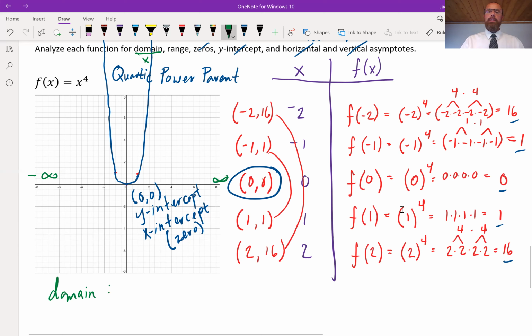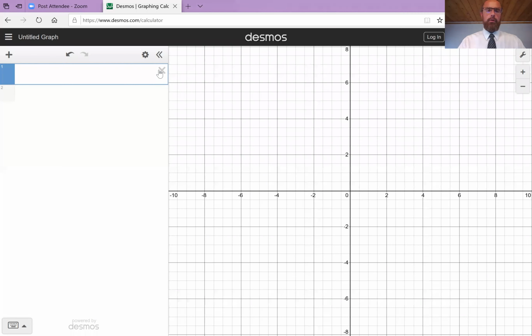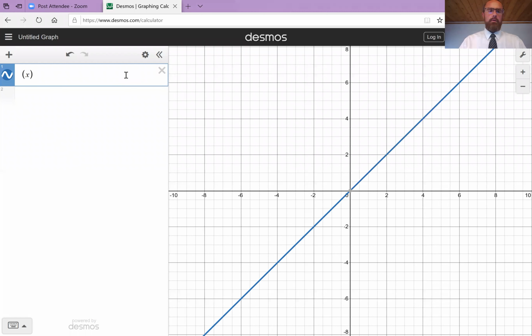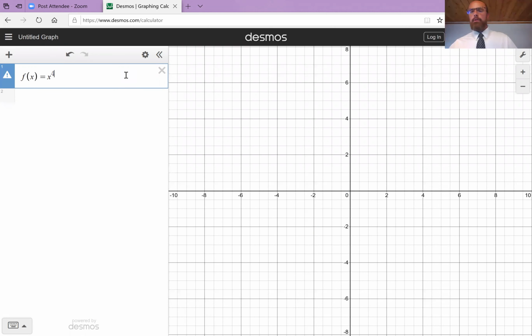Well, let's see if we can demonstrate that on Desmos. Let's see if we can plot the function. So I'm going to put in here f of x equals x to the power of 4. And let's see if we can zoom out and see, does the domain continue to grow to the left and the right as we zoom out?